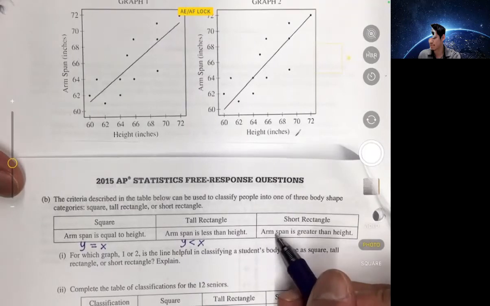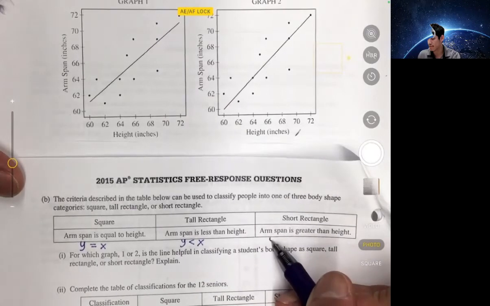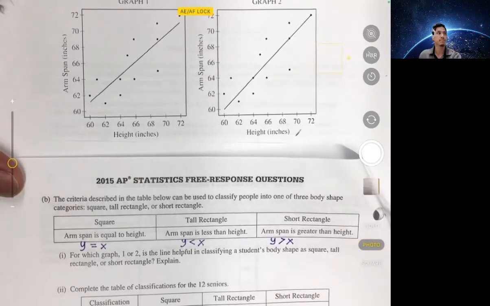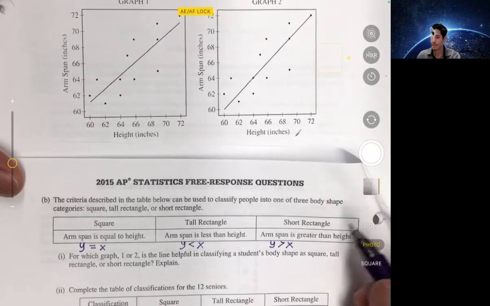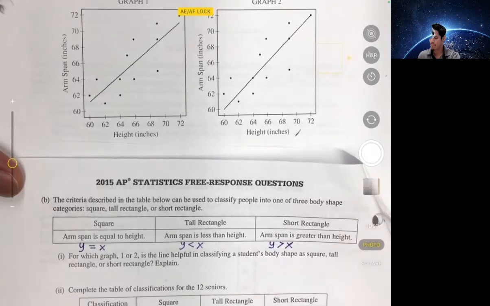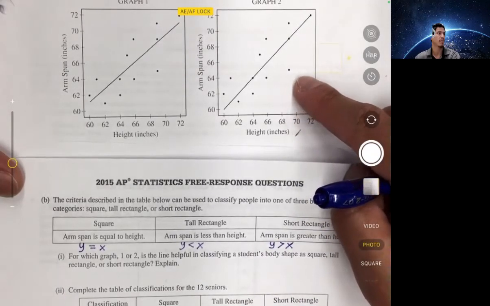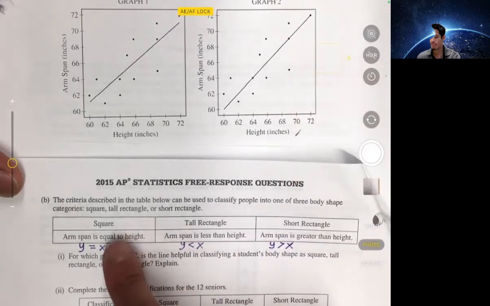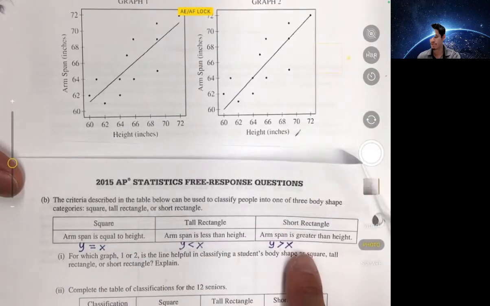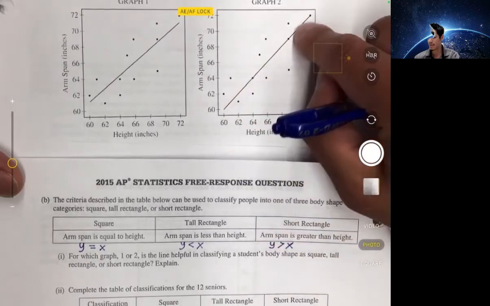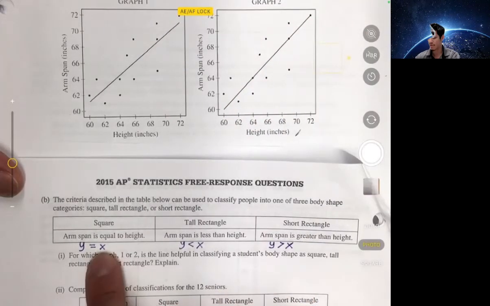And if arm span is greater than height, then y is greater than x. So graph 2 would be much more helpful for breaking people down into one of these three groups because it shows how the points relate to the line y equals x.